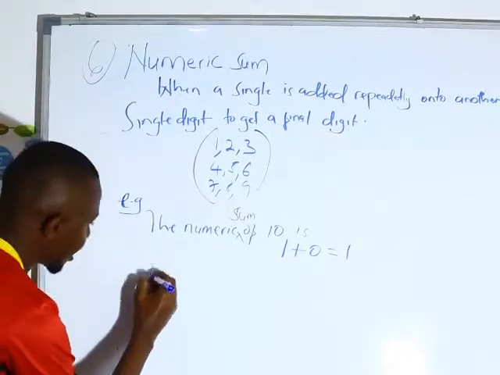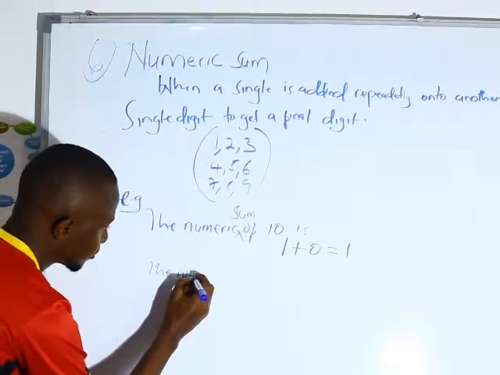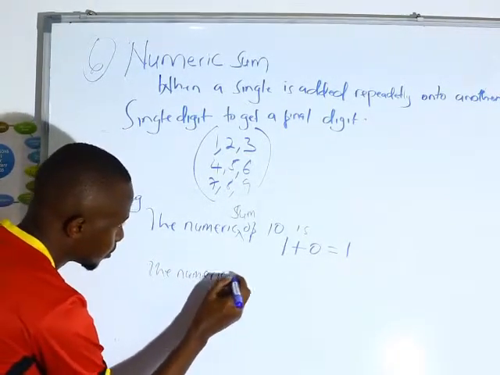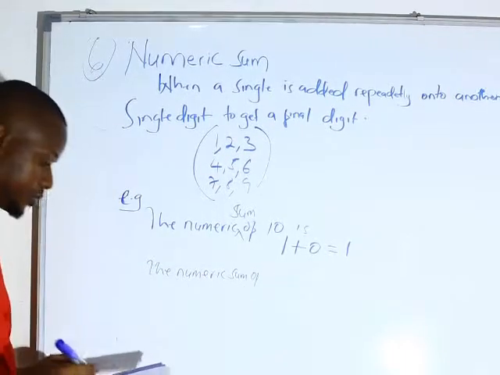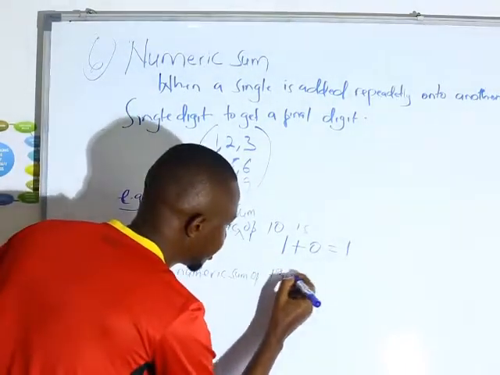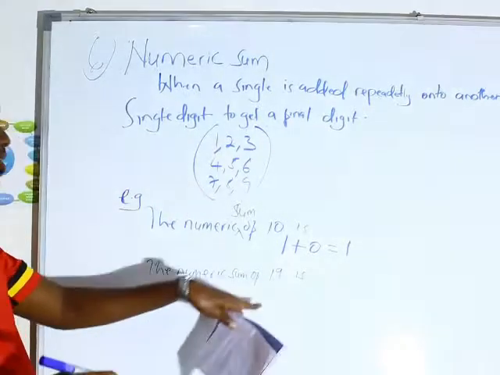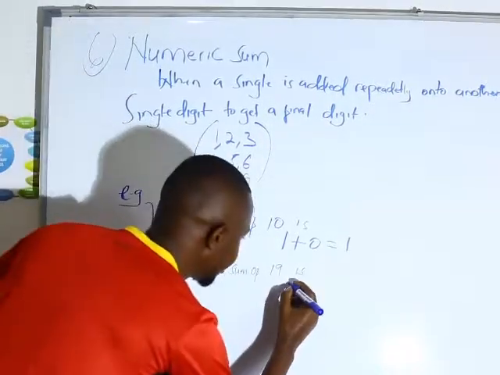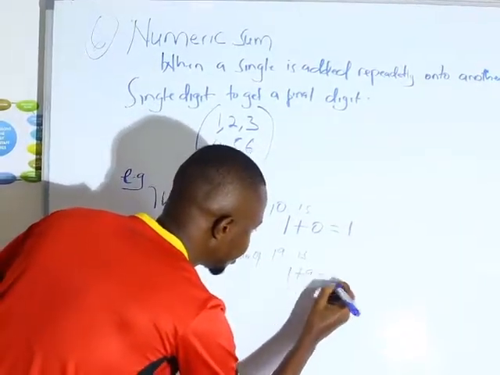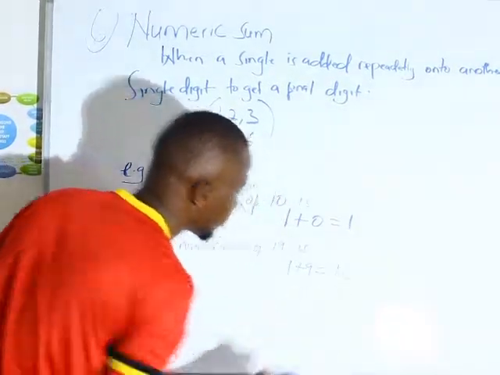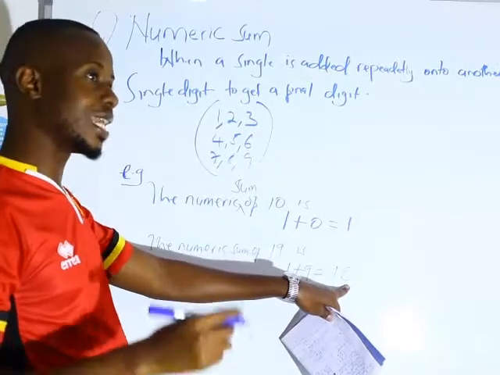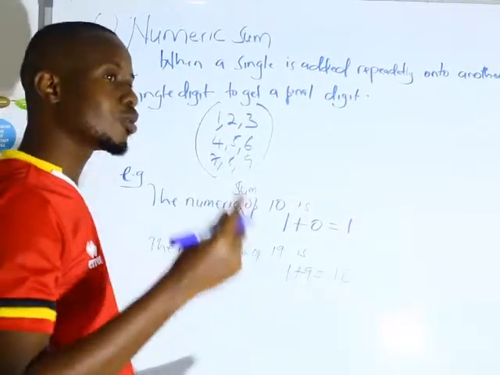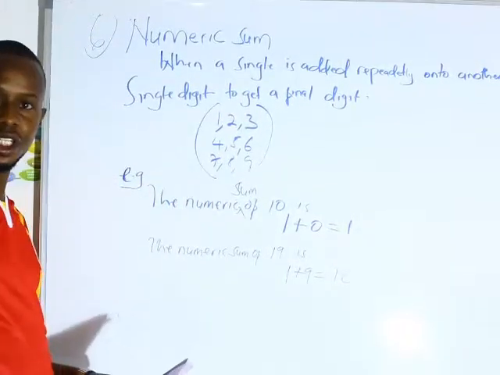The numeric sum of 19 is 1 plus 9, which equals 10. Then 1 plus 0. Why are we adding again 1 plus 0? Because we will have to add a single digit.